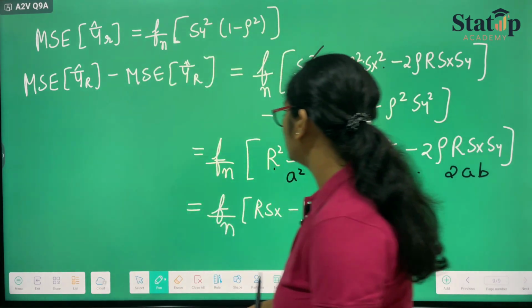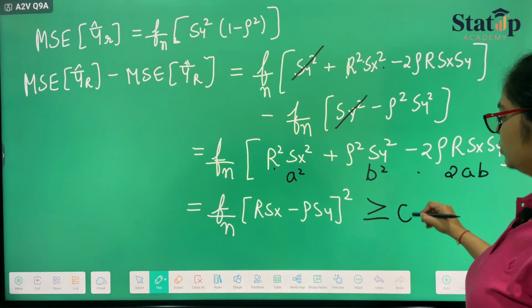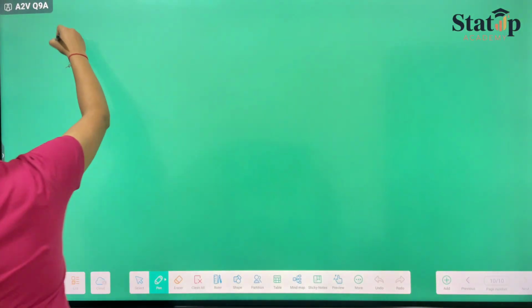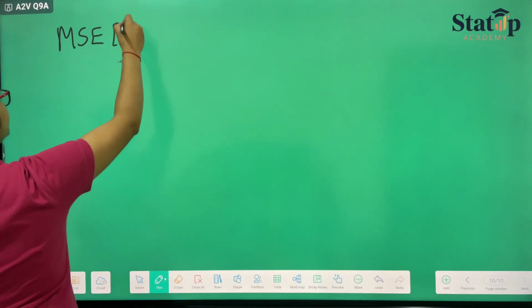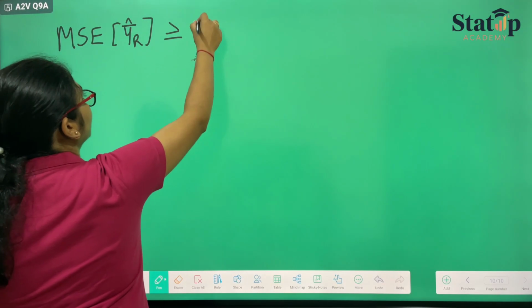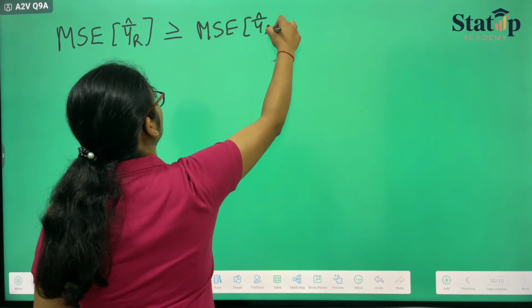And we know that the square of any term is always greater than or equal to 0. So when this is the case, the mean square error of ratio estimator is always greater than or equal to the MSE of regression estimator.